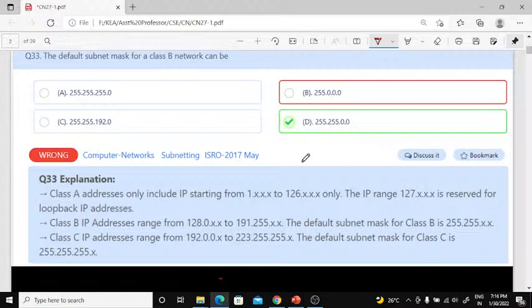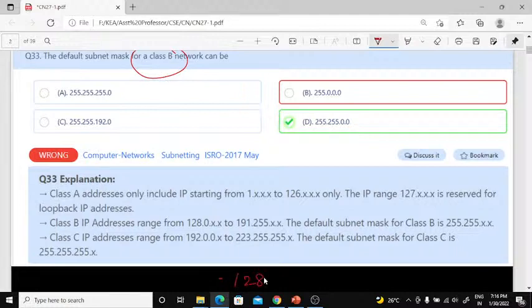In continuation with that, we'll discuss in this video: the default subnet mask for a class B network can be. You know the range for class B: 128 to 191.